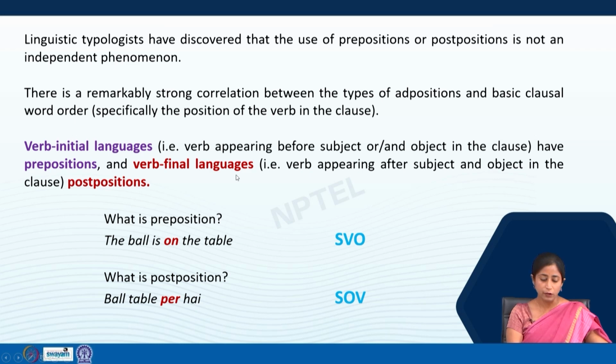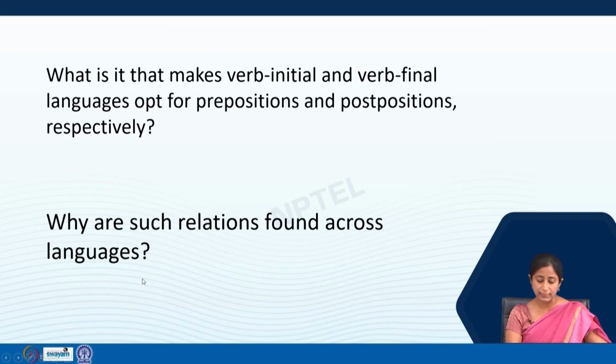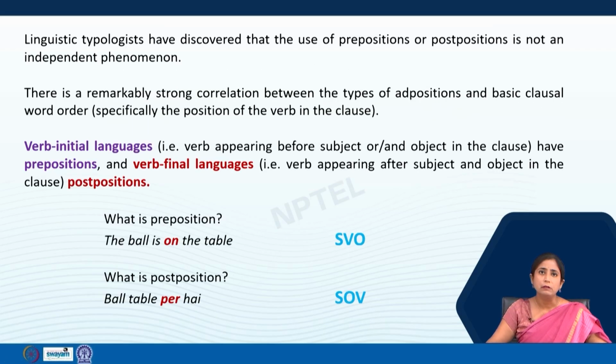Now you can also see here par. So this par is coming after the table. So when we are saying the ball in relation to the table, this par is the on. So we are saying it after the table, and here we are saying it before the table. Now what do we see? We see that this is not actually random.